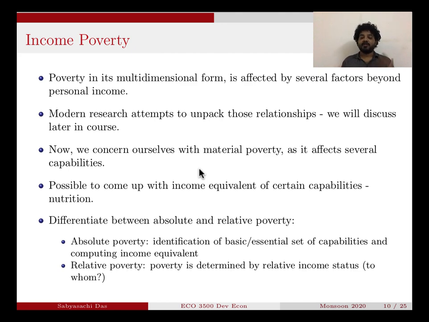As I've already mentioned, you can think of income as having instrumental value in facilitating individuals to attain some of the capabilities. So lack of income or income-based poverty can have implications in terms of capability deprivation along various lines.